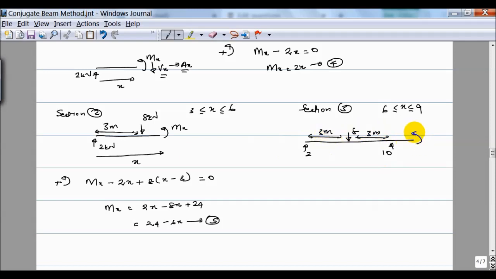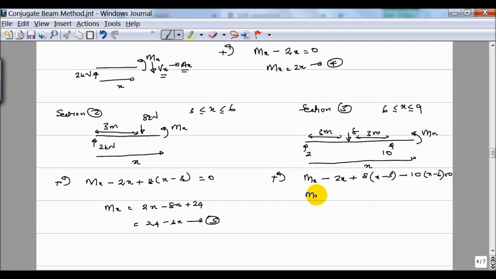So here if I consider Mx, x is always from the left hand support, so plus Mx minus 2x plus 8 into (x minus 3) and minus 10 into (x minus 6) is 0.